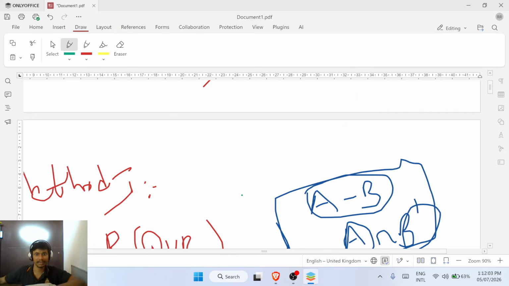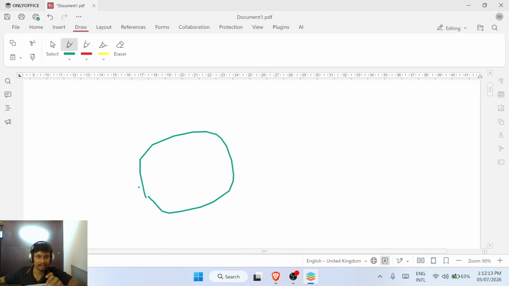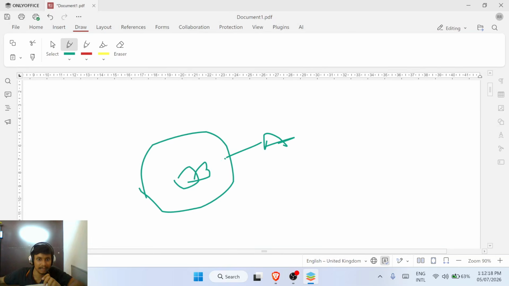A minus B. Don't get confused. A minus B is equal to A intersect B dash. This is A, this is B. What is A minus B? We have to subtract B from A. Therefore, we can write A minus B as A intersect B dash.